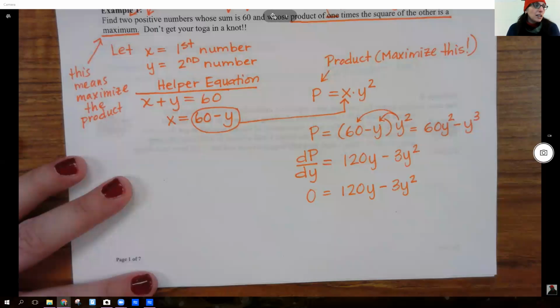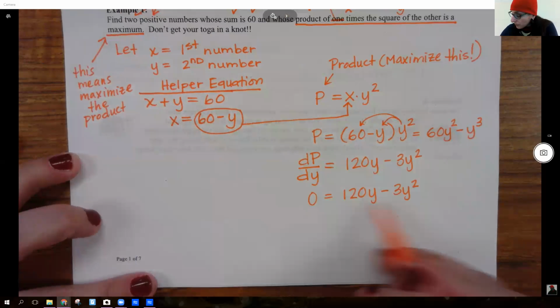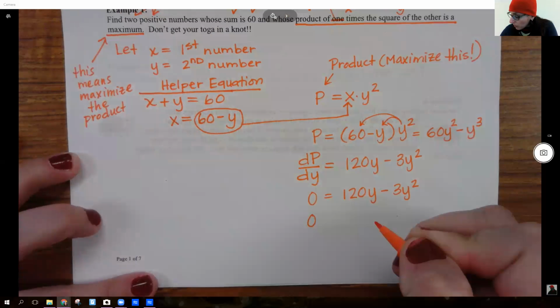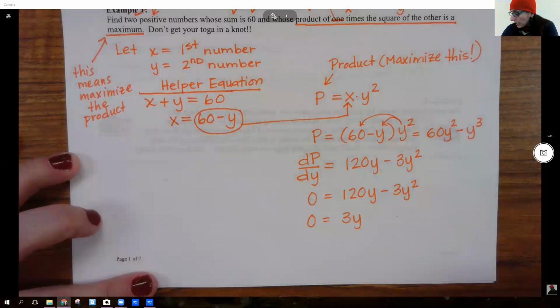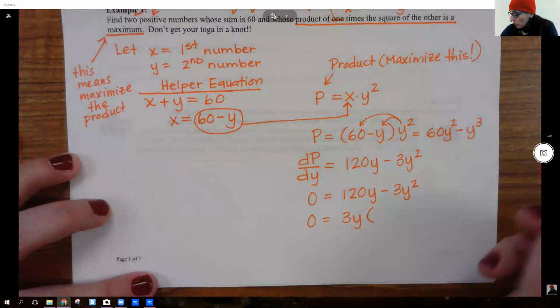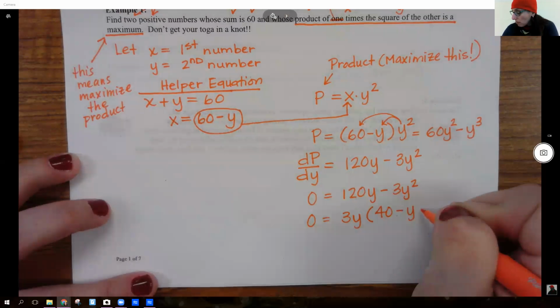You could also set it equal to DNE to find where this derivative doesn't exist, but this is just a polynomial, so this is going to exist everywhere, so you don't have to worry about that really. Solve for y. So let's see here, what can we take out of 3y? And we get 40 minus y.